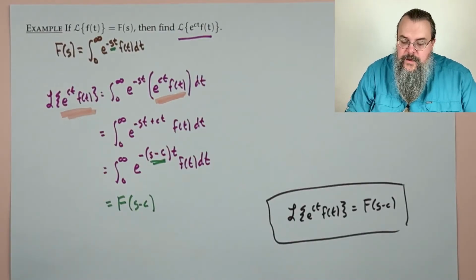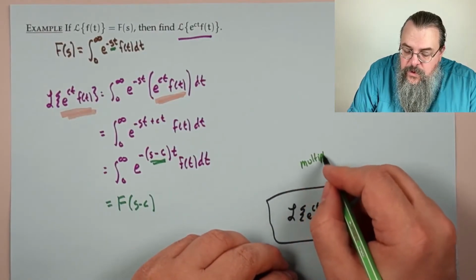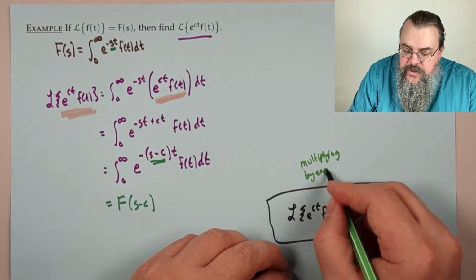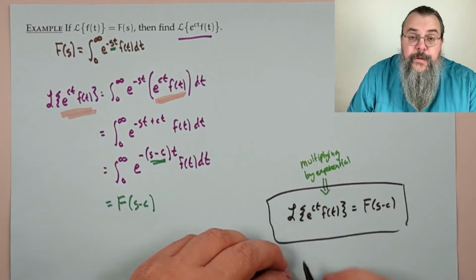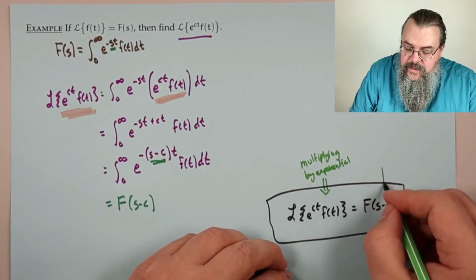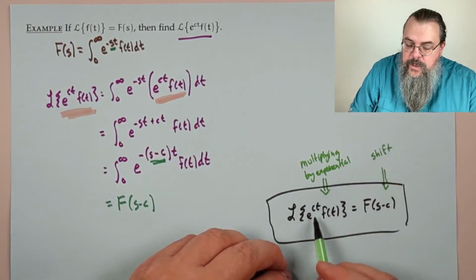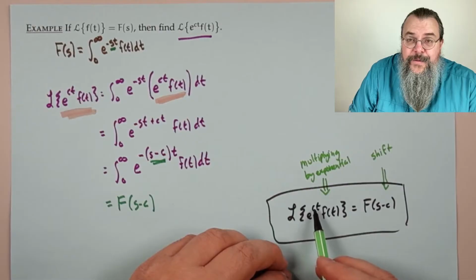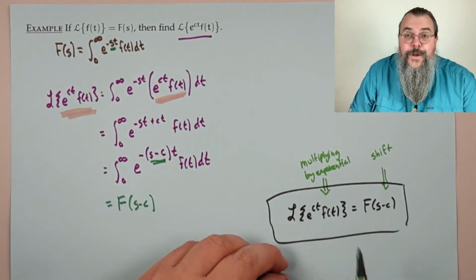So, okay, cool. And so we'll actually use this rule quite a lot. So multiplying by exponential, I'm just writing this down so I remember it, because, you know, I like to remember things. And then here we have a shift. And the amount we shift corresponds with what's up here in the exponential. So, all right, great. This is a really nice rule.